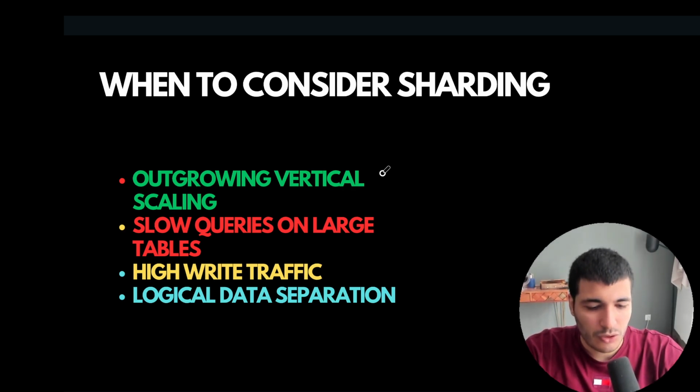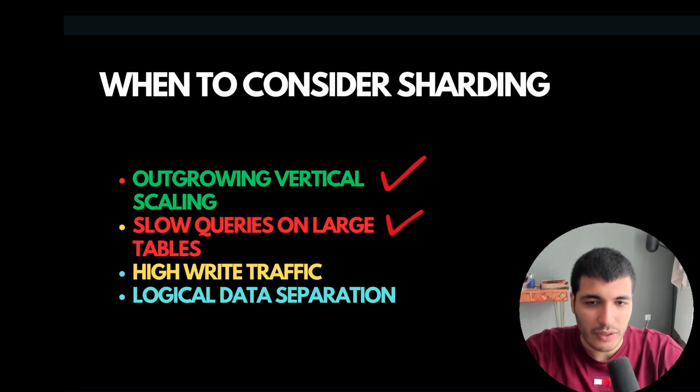The first thing is when you are outgrowing vertical scaling. Sharding becomes essential when your database has reached the limits of what a single server can handle, and further vertical scaling is no longer cost-effective. Next, slow queries on large tables.